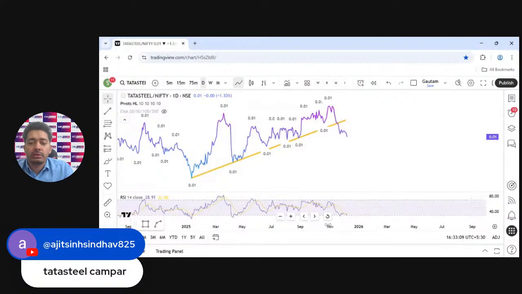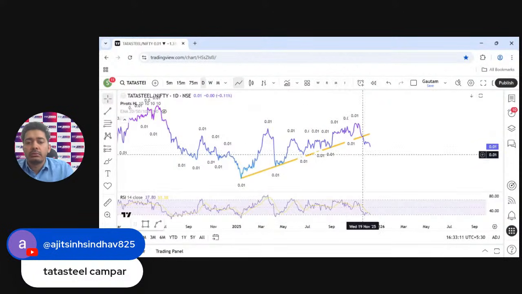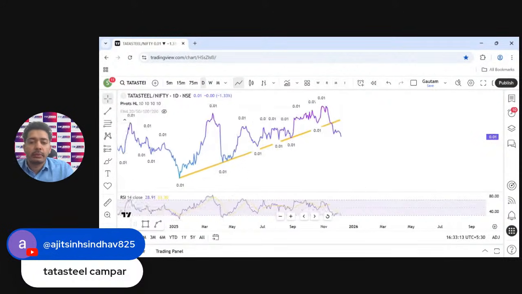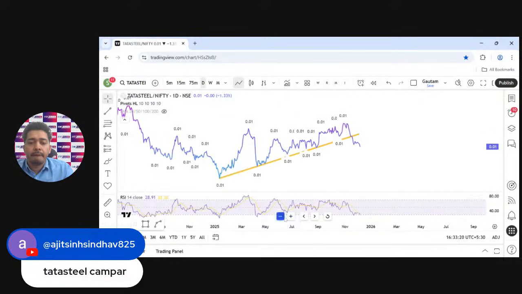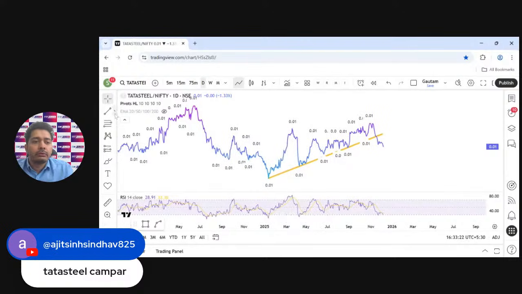It's not just that you have to compare it with the Nifty.